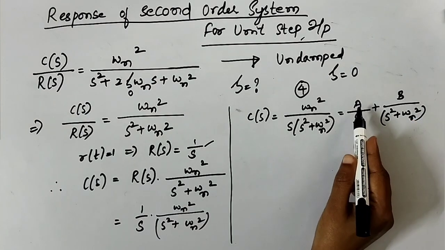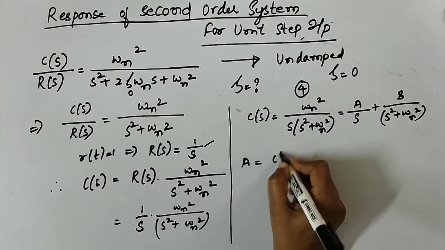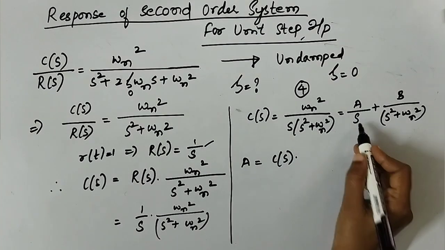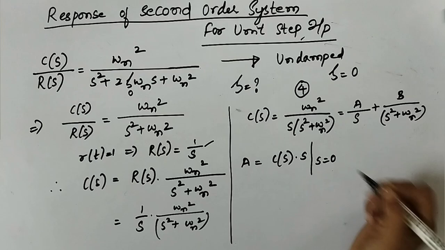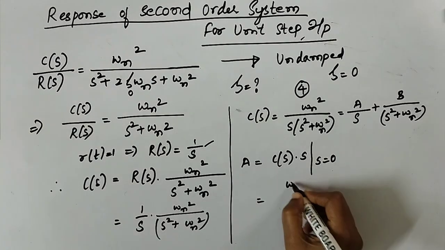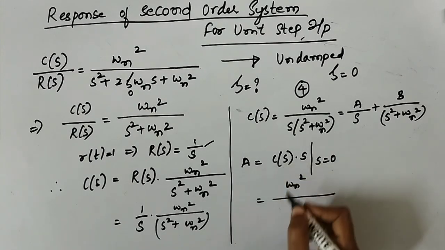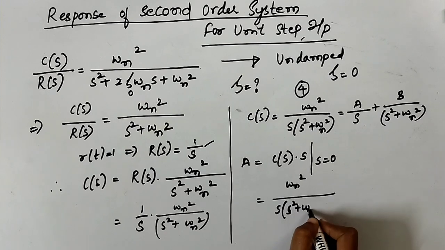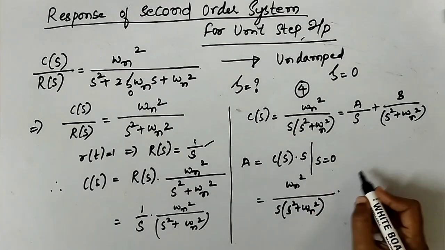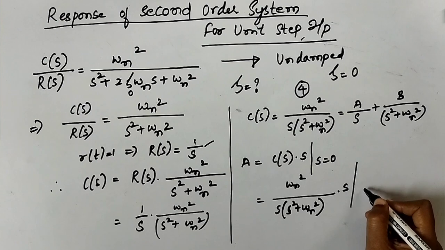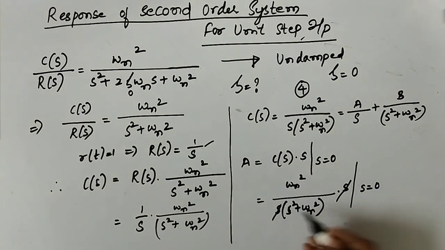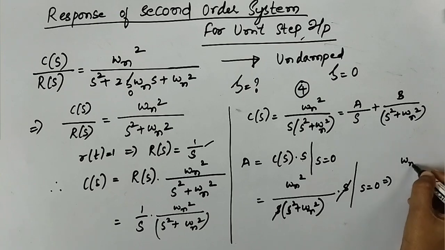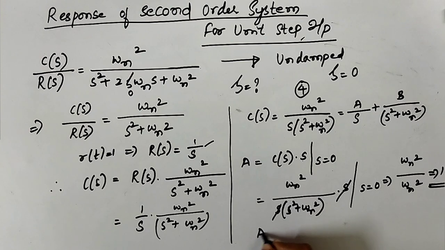For getting the coefficient A equal to C(s) into s, for s equal to 0, that is nothing but omega_n^2 / (s^2 + omega_n^2) into s, for s equal to 0. This got cancelled. Anyhow here s is 0. We are left with omega_n^2 by omega_n^2, that would be 1. So A equal to 1.